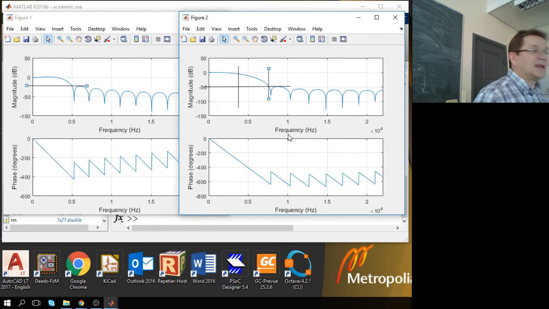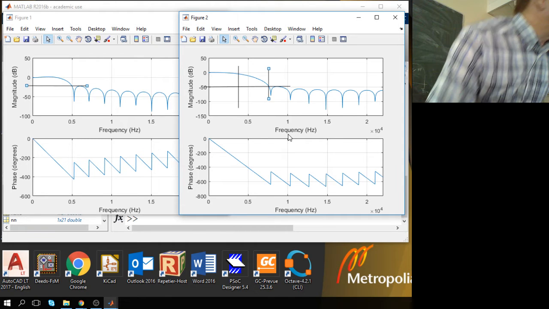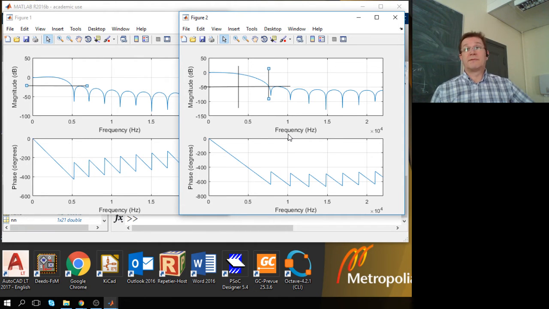So that's basically the definition points. So 3 dB defines a cutoff frequency, and then the stop band start frequency is defined by the last point on the transition bandwidth, which has the same attenuation as the highest point in here. Okay. So the transition bandwidth is also roughly 4 kilohertz.